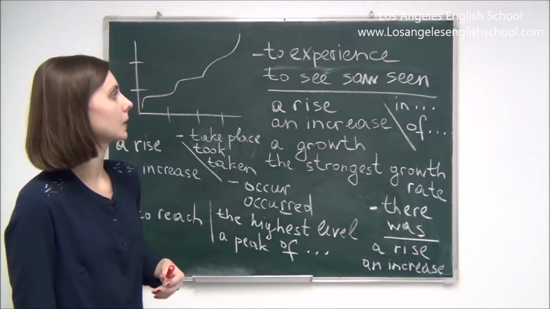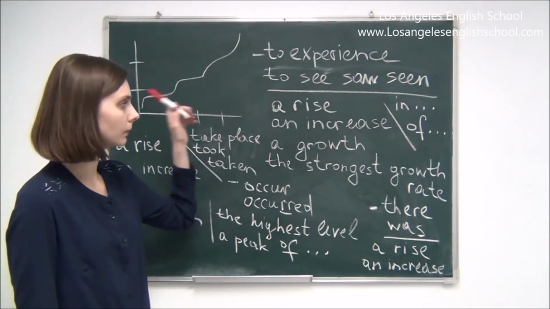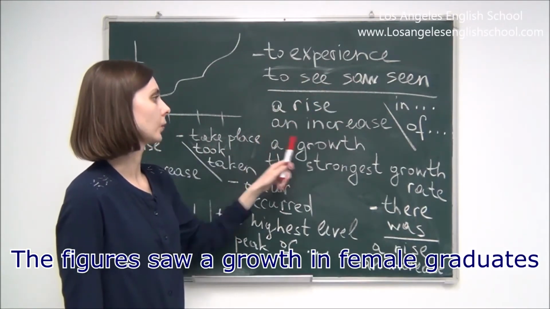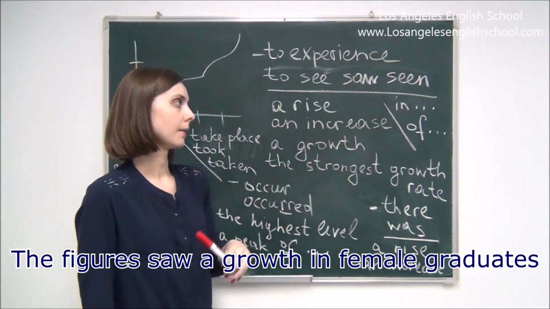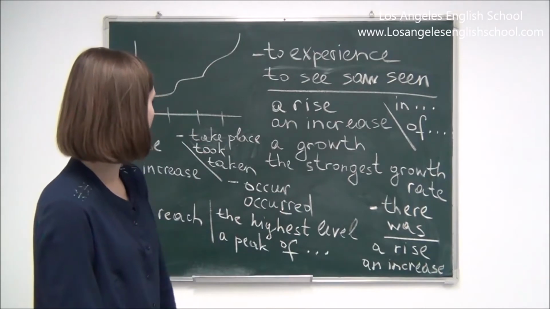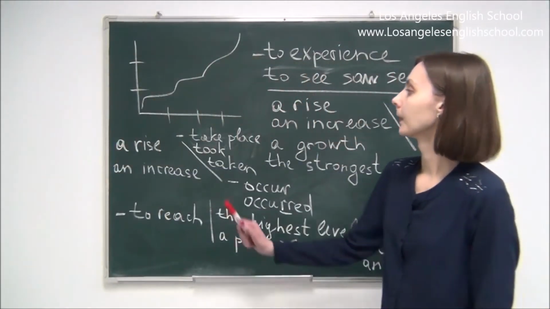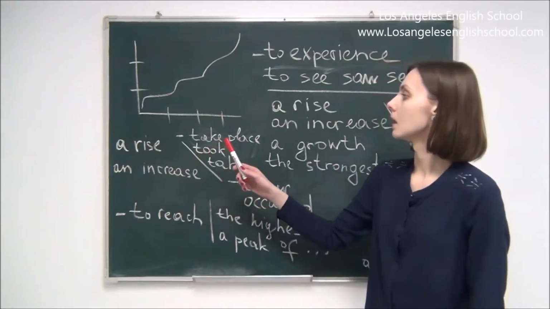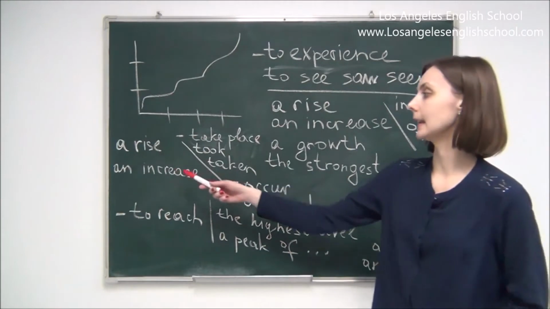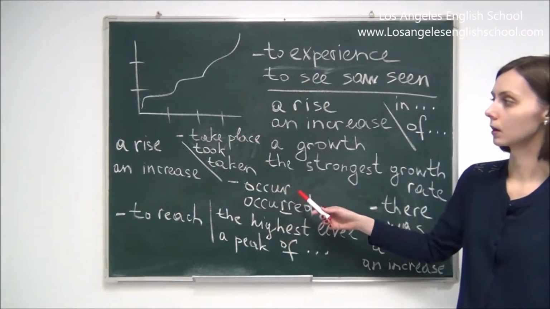You also can use the verb see. For example, the figures saw growth in female graduates. So you also can use such noun phrases as a rise took place. So a rise or an increase can take place or occur.